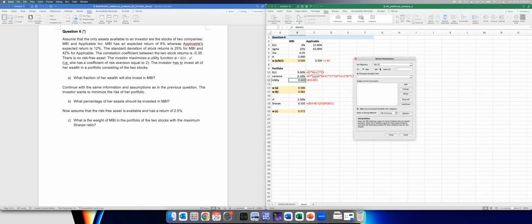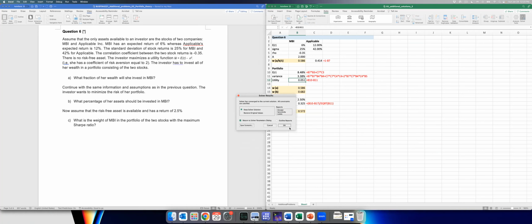So what does the solver do? We want to find the W that maximizes utility, that's B12. So you put down B12 here, and you want to maximize it. Which variable do you allow it to choose? You choose B7. Then you click Solve. Okay, it has found a solution.